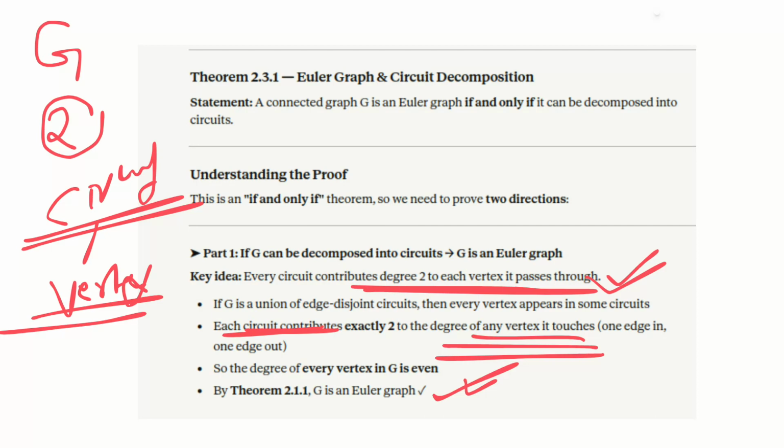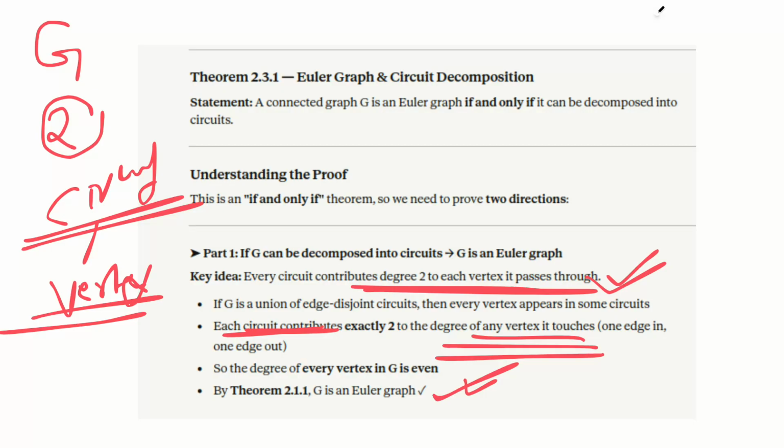So every vertex in G is even, because in a circuit every vertex contributes exactly 2 to its degree, and every vertex is present in some of the circuits.